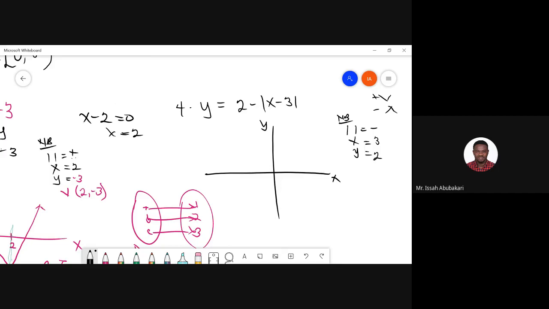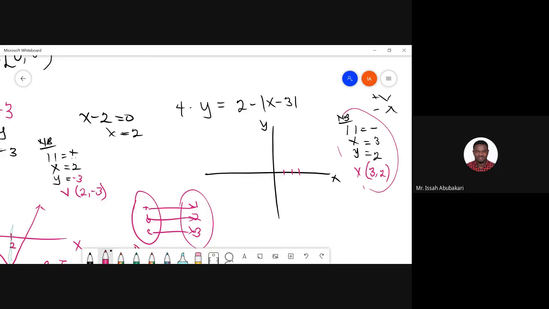Now let's try to plot it. Our vertex is going to be X value, which is 3, and Y value, which is 2. That is the vertex. So now let's plot it. I'm telling you again, we don't need to write all these, but you need to know them to help you to be able to plot the graph, okay? All right, so the vertex is going to be 3, 1, 2, 3 to be here, and the Y value is going to be what? 2.